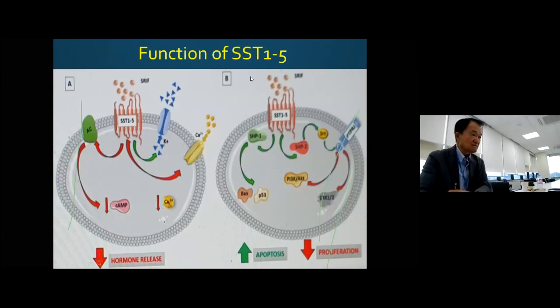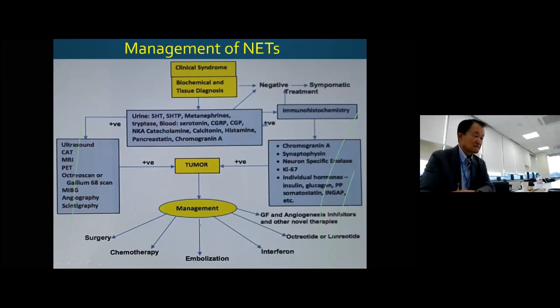Somatostatin receptors 1 to 5 are all receptors working with calcium and some genes inside the cells. When a tumor produces a symptom, you have biochemical and tissue diagnosis, and then the imaging, and then the initial surgery.